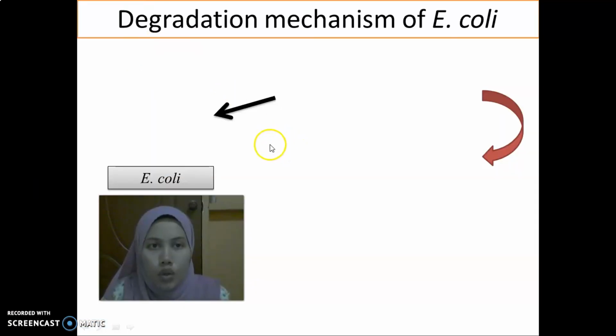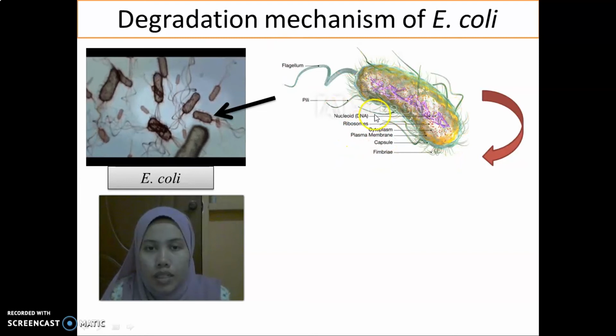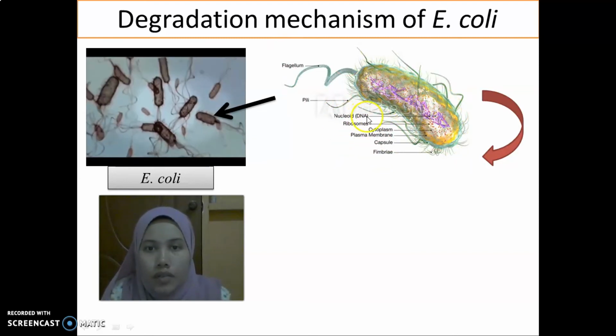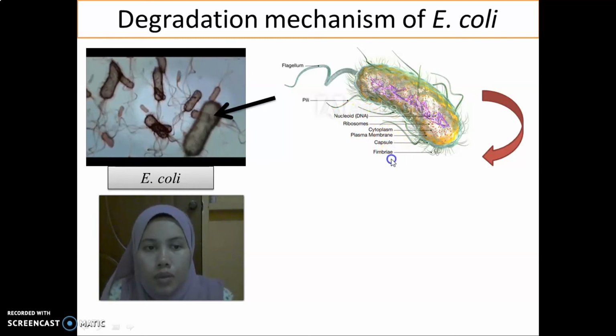How does TiO2 degrade E. coli? This diagram shows the E. coli structure, which consists of DNA, ribosome, cytoplasm, plasma membrane, and capsule.